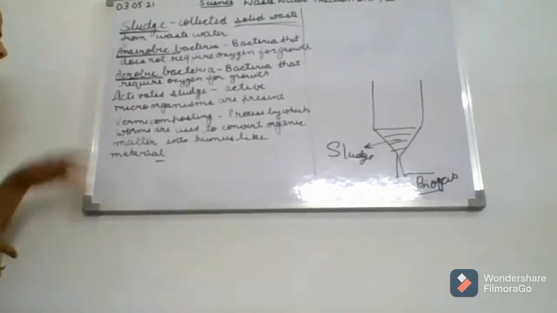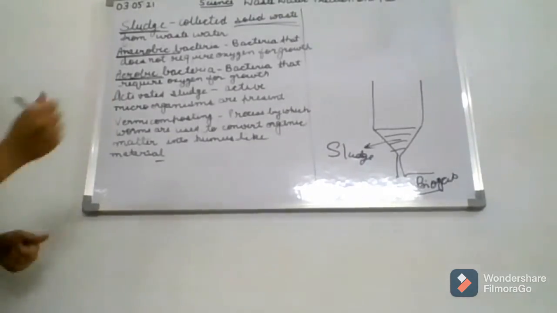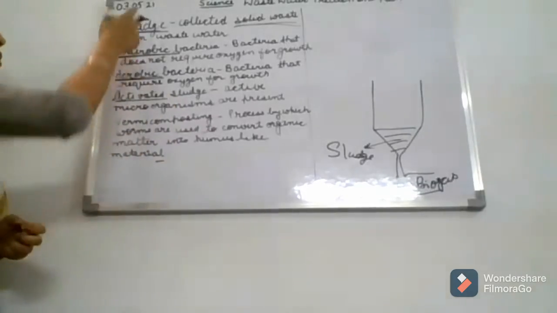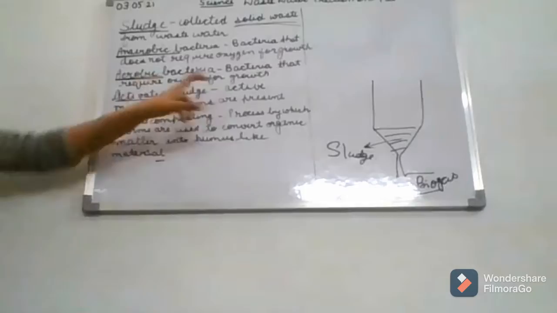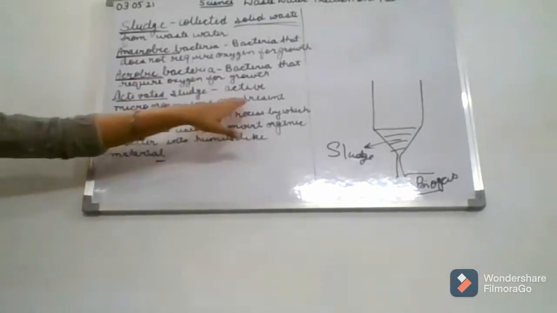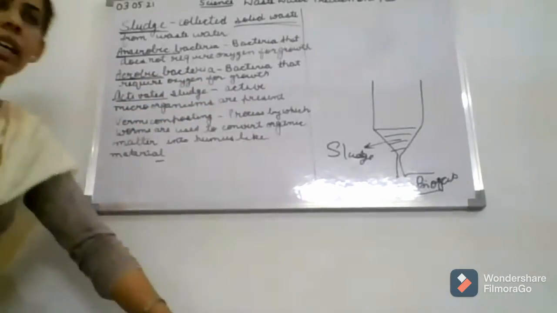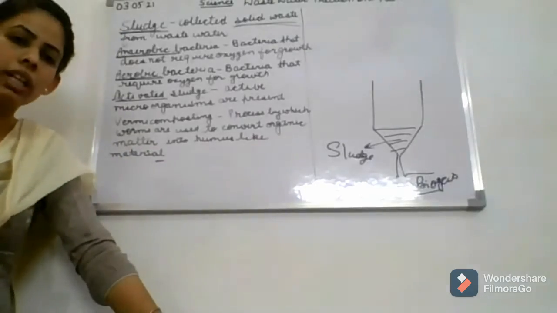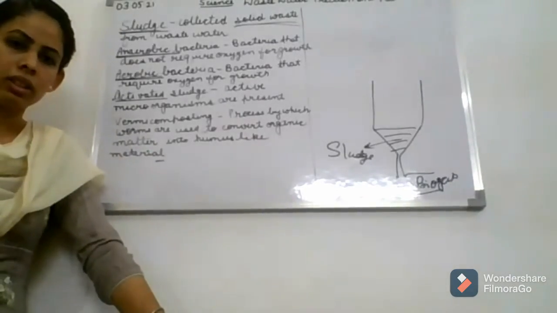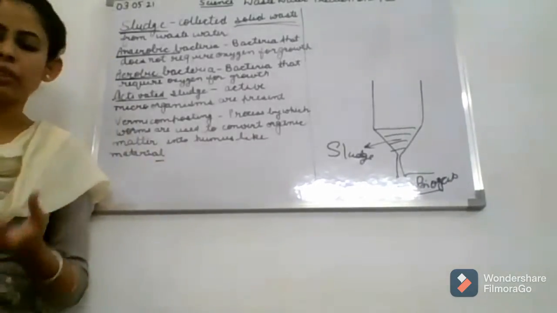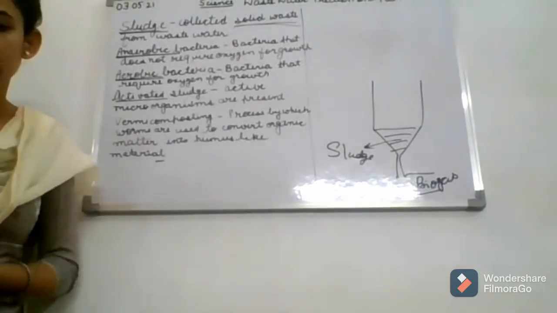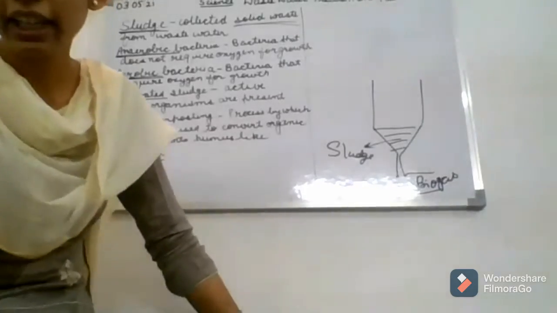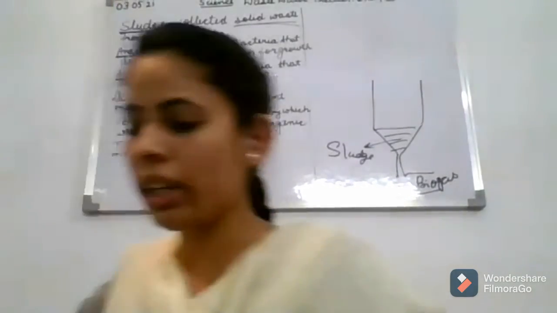Next is the term activated sludge. It is different from the sludge that is explained above. The activated sludge contains microorganisms, and there is 97% water present in it. You can underline it on page number 223.